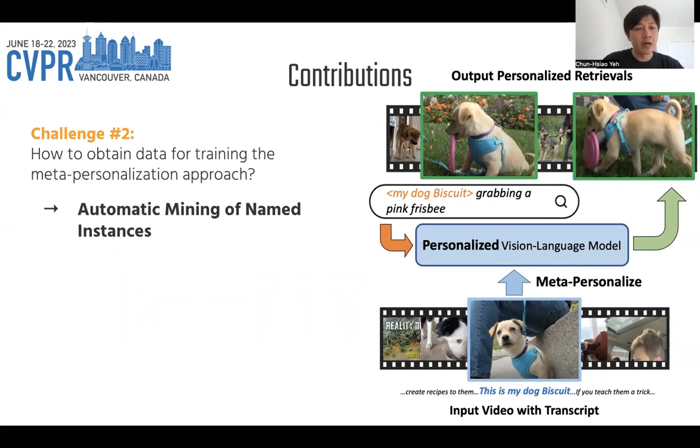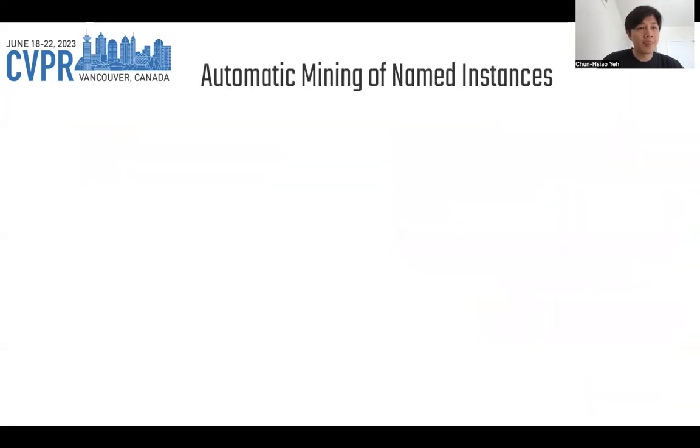For example, on the right, we get dog moments when the specific instance name "my dog Biscuit" appears. And this can be done automatically. Then we already have the input data for the following meta-personalization training. Along with the data collection, we also present the This-Is-My dataset as a challenging benchmark for personal video instance retrieval.